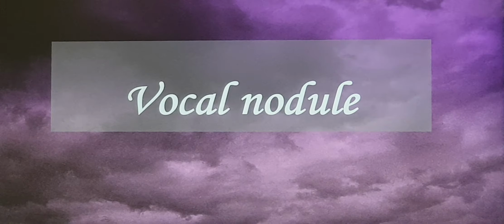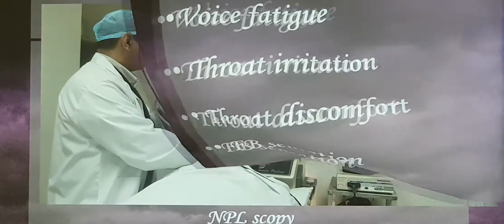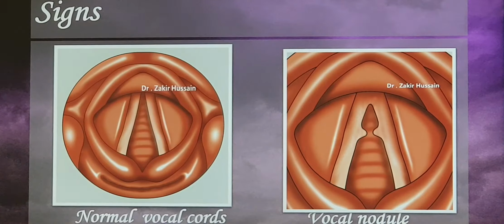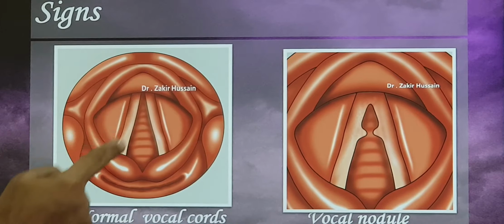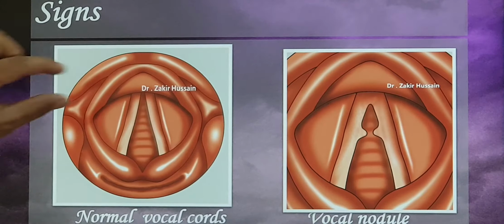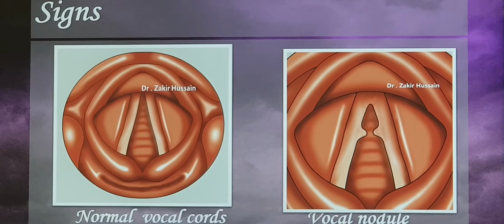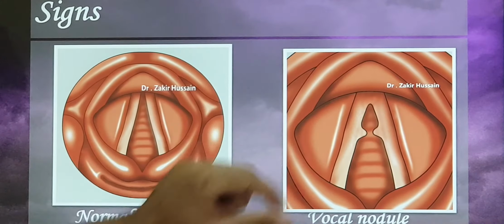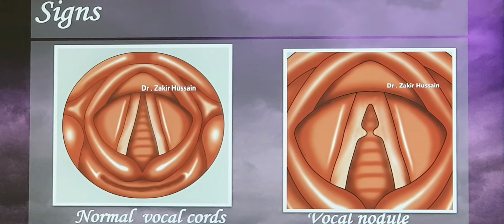Before starting with the topic, vocal nodule, let me show you a drawn diagram of what it looks like. This is a normal vocal cord, where the edges are straight, and this is the anterior 1/3 and this is the posterior 2/3. In the second diagram, at the junction of the anterior 1/3 and posterior 2/3, you have a small swelling on both vocal cords, less than 3 millimeters in size.